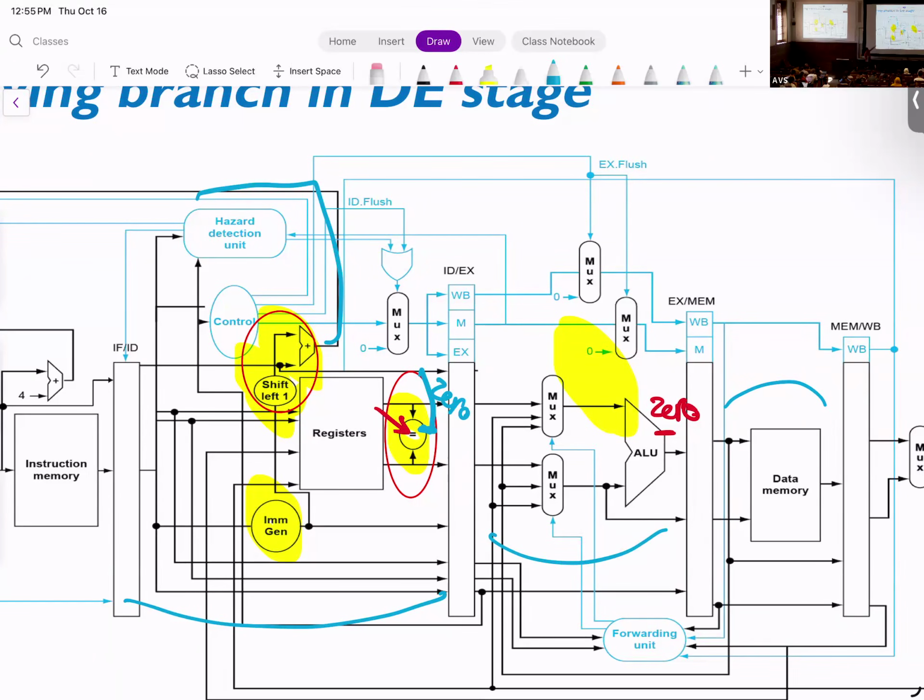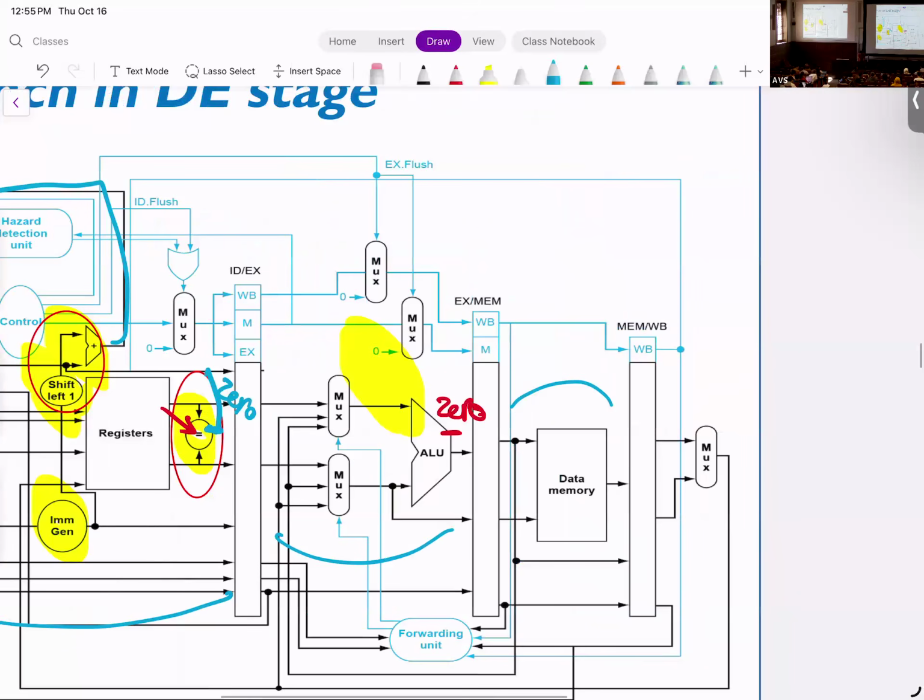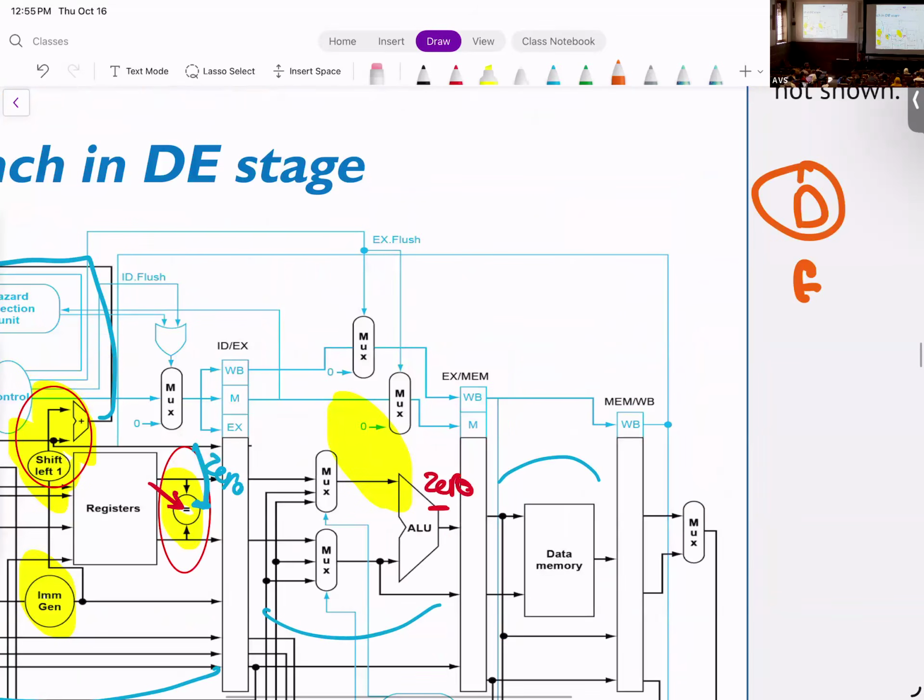Okay, and what does this give us? This helps us reduce the miss penalty from 3 cycles to only 1 cycle. The only thing that I need to flush would be the next instruction. During the decode, I will realize that this is a branch, I will just flush the very next instruction and I'm good to go.